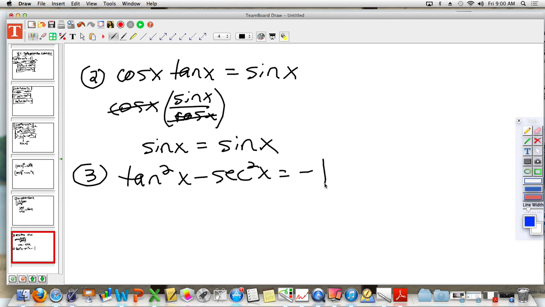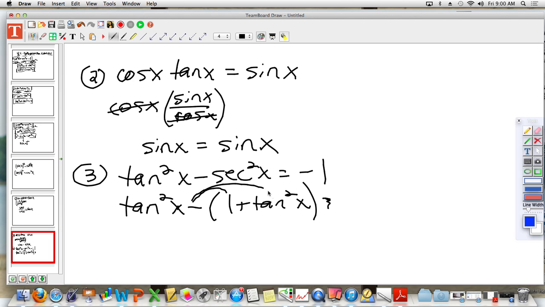So what I'm going to do is write this as the tangent squared of x minus, and I'm going to replace secant squared with 1 plus the tangent squared of x. You okay with that? I have taken secant squared and replaced it with 1 plus the tangent squared. And now what I need to do is multiply that -1 into the parentheses.